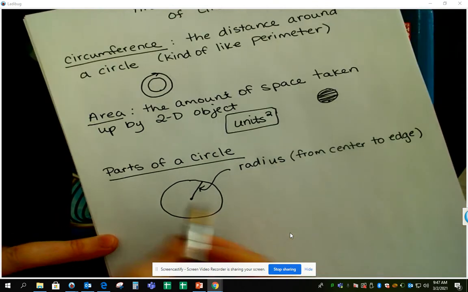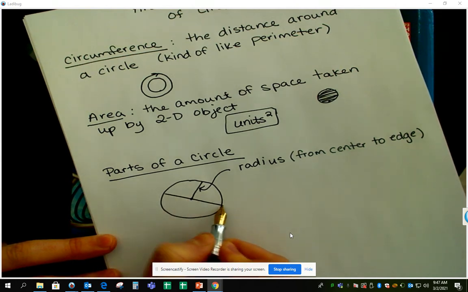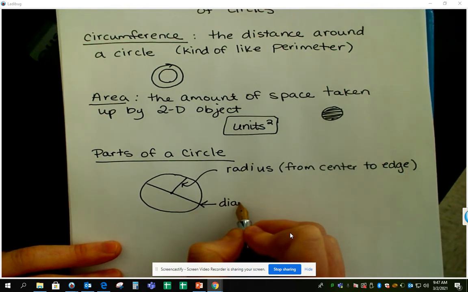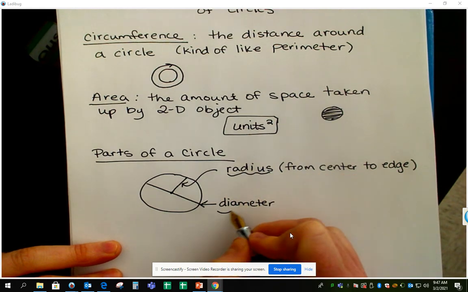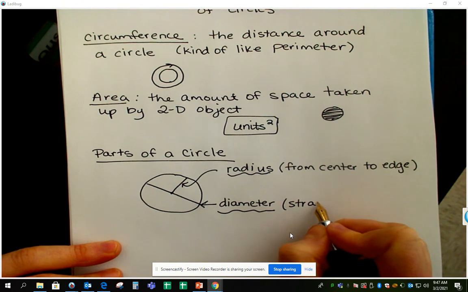And if I go from one side to the other, passing through the center like that, that is called the diameter. Show you, underline those so you see them. So diameter is straight across the middle.